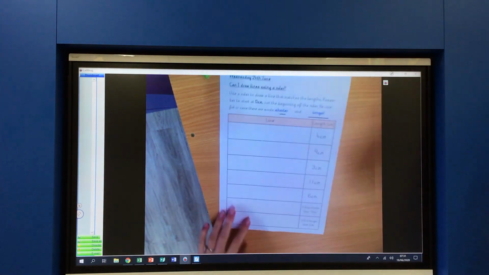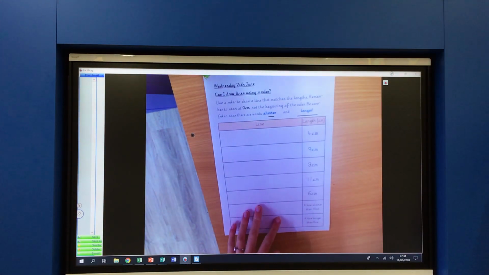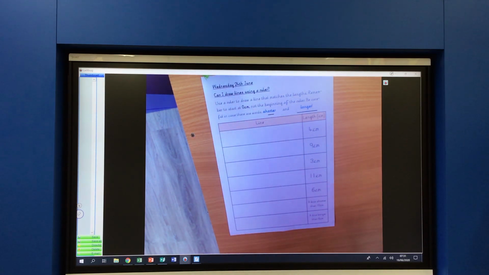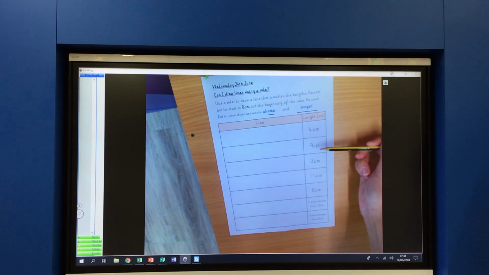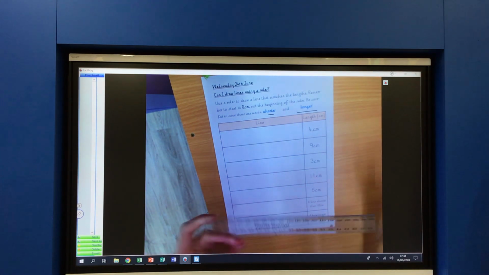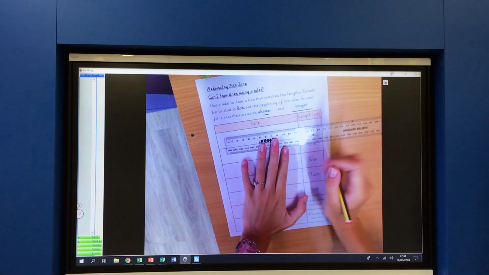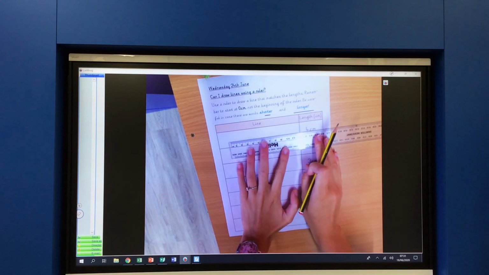So for Wednesday, you're going to find out if you can draw lines using a ruler. So I've put some measurements here, and you're going to remember your ruler rules, and you're going to draw a line looking at this measurement. So this measurement is 4 centimetres.